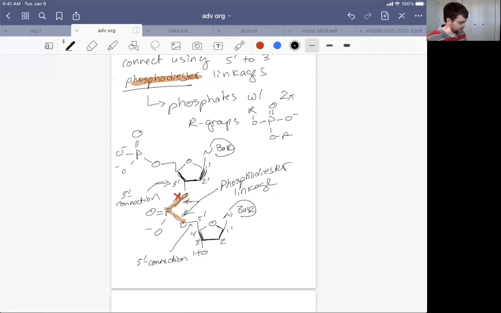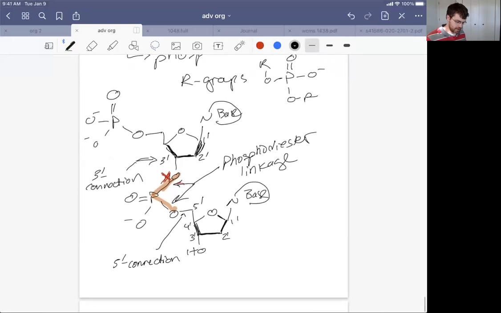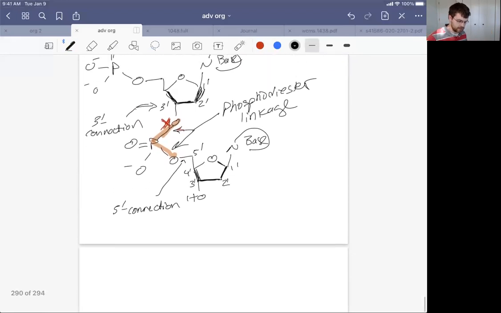So the 3' and the 5' connection for our system. Okay. So there's how DNA polymerizes to make our nucleic acid chain from the nucleosides and the nucleotides.